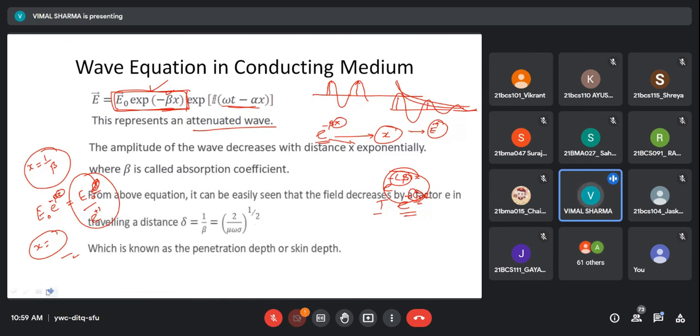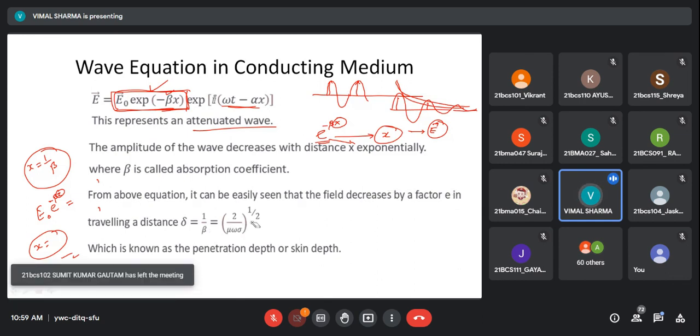So from the above equation, we can see that if we move in the medium through a distance x equal to 1 by beta, then the amplitude decreases by a factor e. Traveling through this distance, the amplitude reduces by e.